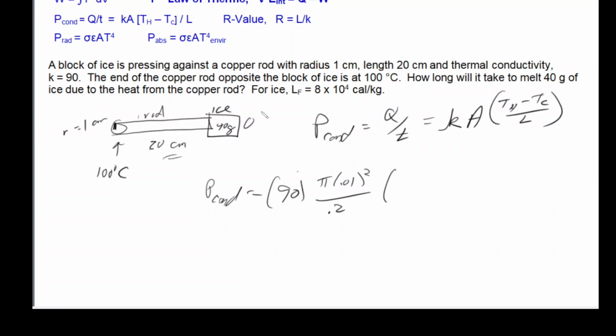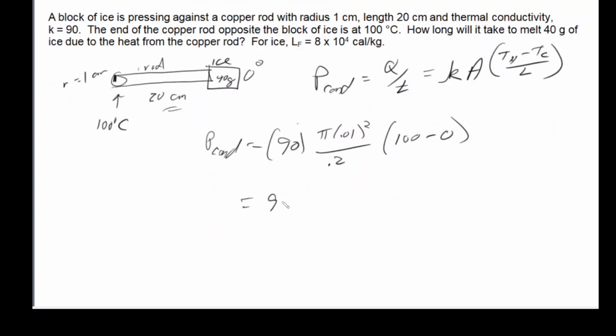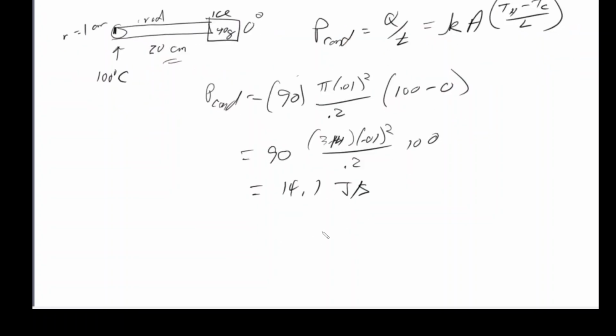The ice is at 0 degrees, so the hot minus the cold temperature is 100 minus 0. So that becomes 90 times 3.14 times 0.01 squared over 0.2 times 100, and this comes to 14.1 joules per second. That's the amount of heat being transferred through the rod.